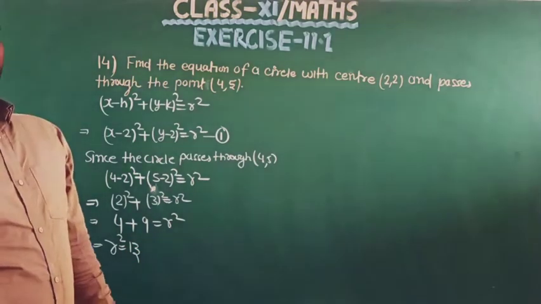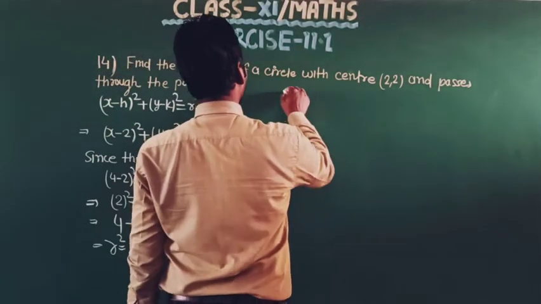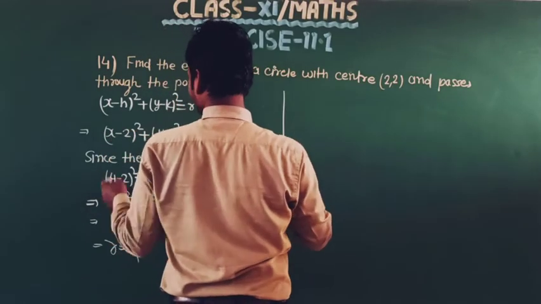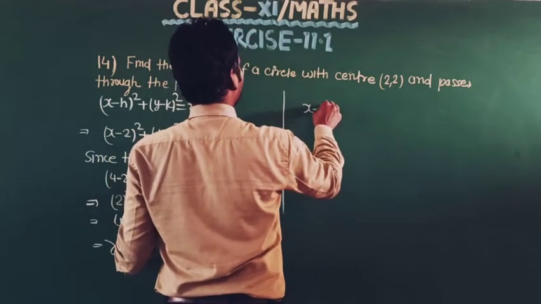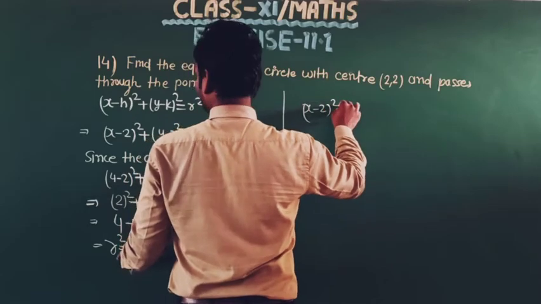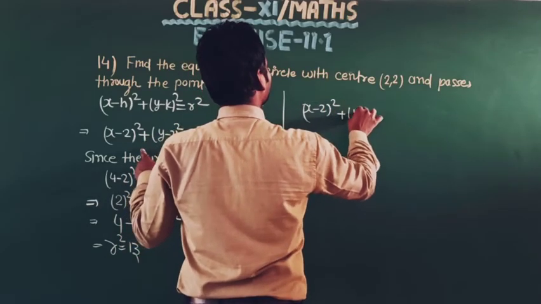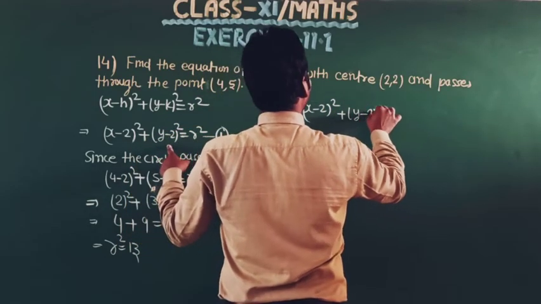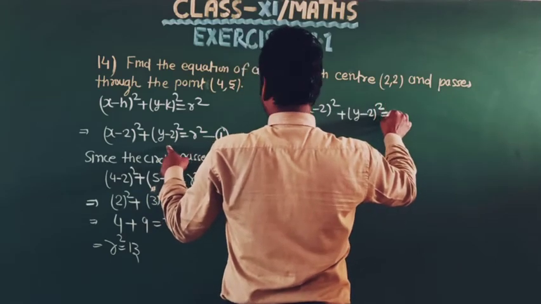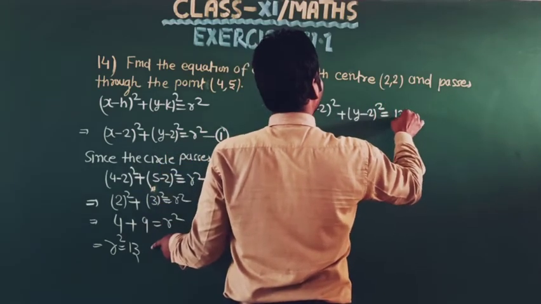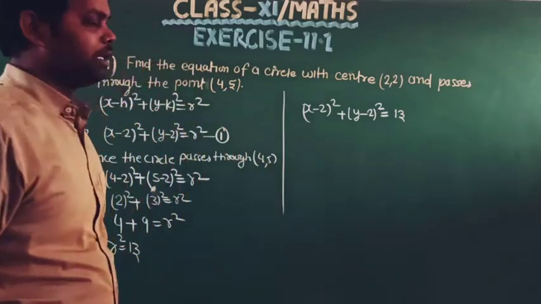Hence the required equation of the circle will be (x minus 2) whole square plus (y minus 2) whole square equal to 13. The value of r square is 13.